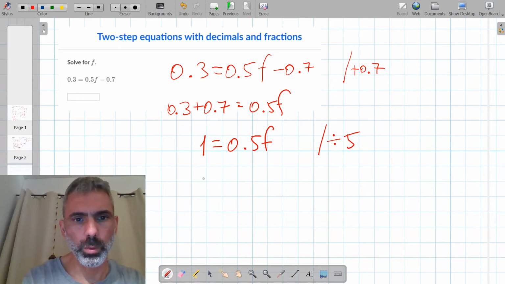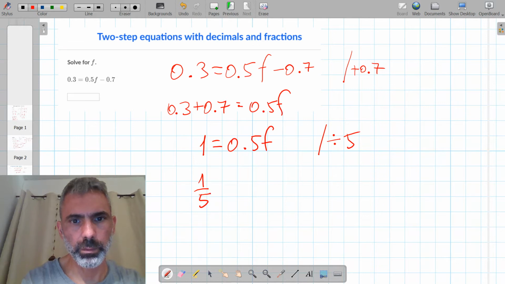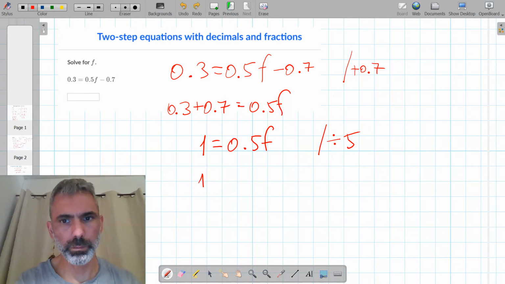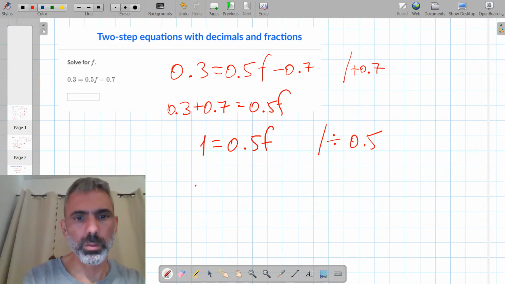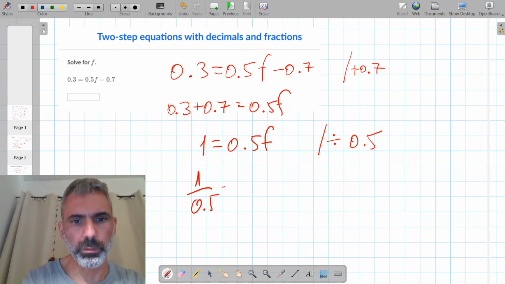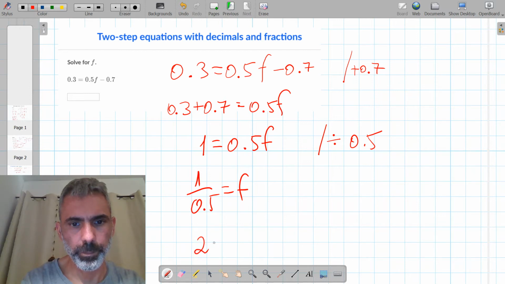Okay, so 1 divided by 0.5 equals f, and 1 divided by 0.5 is like 10 divided by 5, which is 2. So f equals 2.